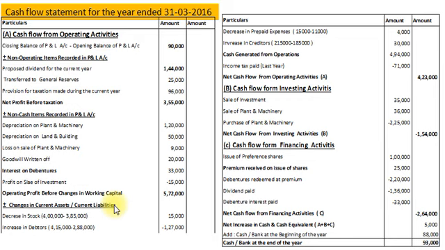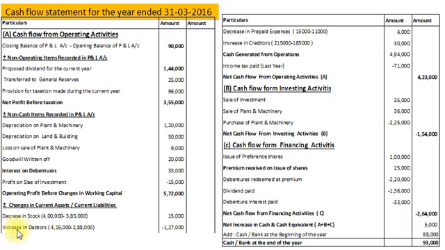Now we will give the effect of changes in current assets and current liabilities. As I told you in the theory lecture, while taking the effect of current assets and current liabilities, we will not take into consideration cash and bank balance, overdraft or cash credit. So here the first item is stock, and there is a decrease in stock. Opening balance minus closing balance rupees 15,000 will be added.